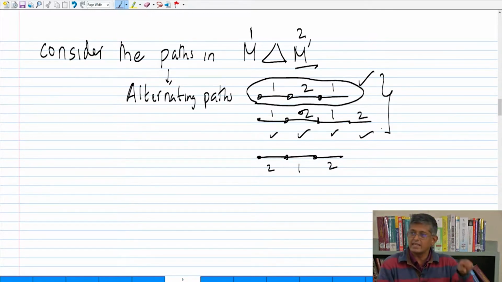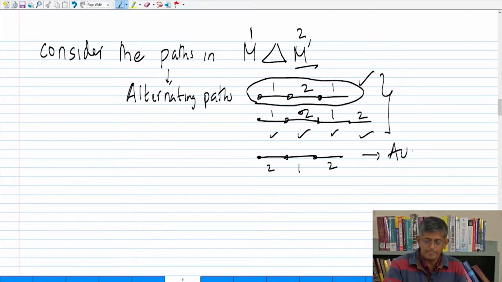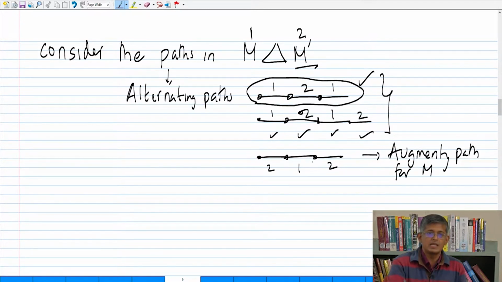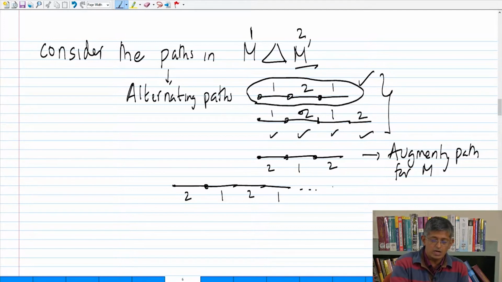Remember, the even length cycles count the same number of edges. It can't be that all the remaining paths are of the first 2 types. So there must be a path which looks like this, and this is an augmenting path for M. Please do not be misled by 3, it will start with 2, 1, 2, 1 and so on, and end with 2 for some number.